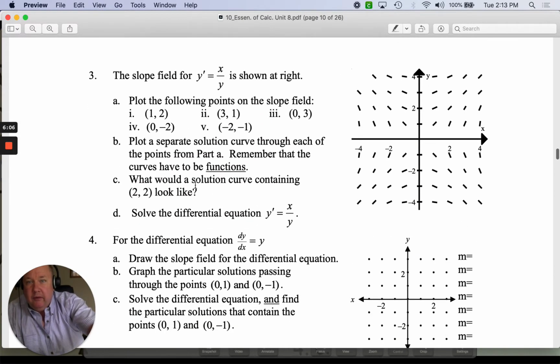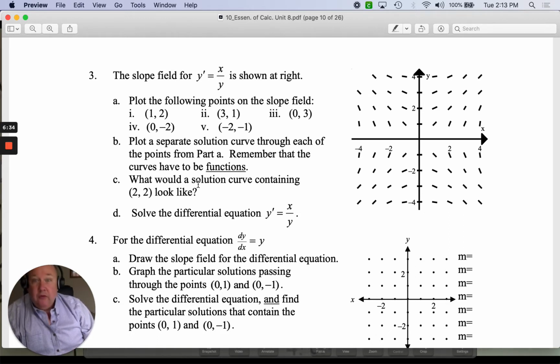Oh, what would the graph look like at 2, 2? Did I do 2, 2? I don't think I did 2 and 2. Oh yeah, I see it.